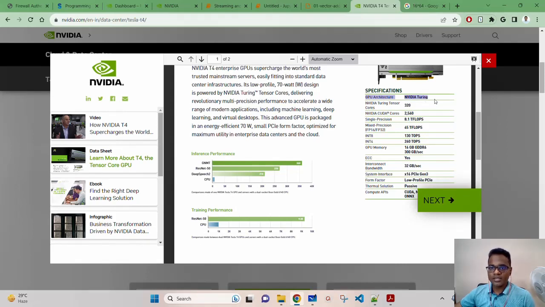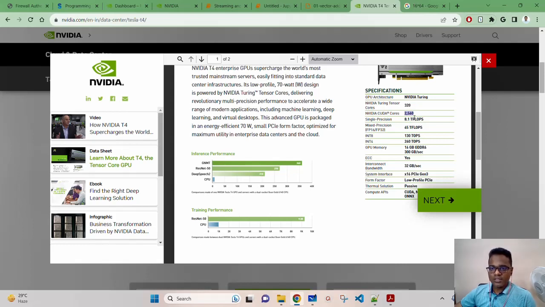T stands for Turing. We will not explore the rest of the parameters because some of them are related to tensor cores and deep learning, and we will be focusing on NVIDIA CUDA cores here. Here I have 2560 CUDA cores present.